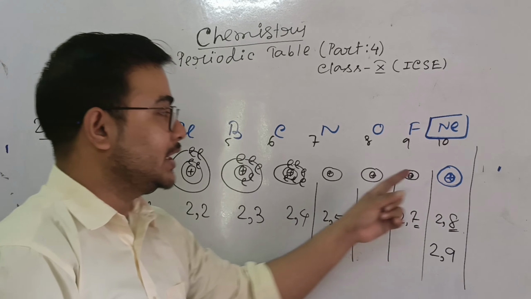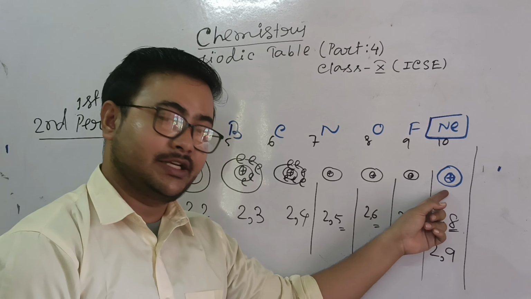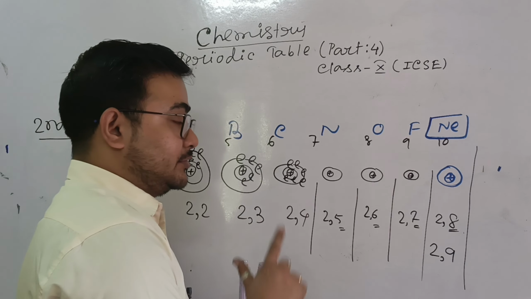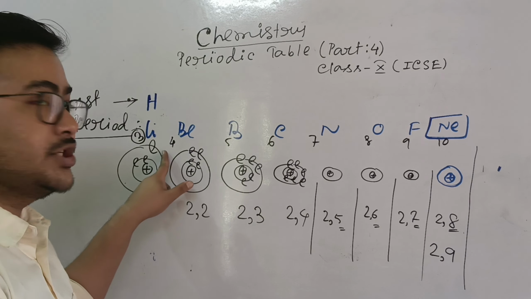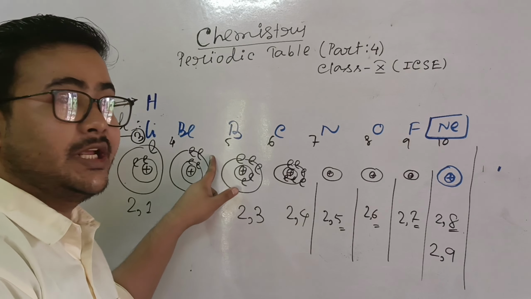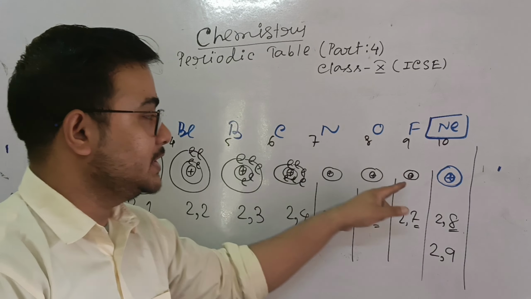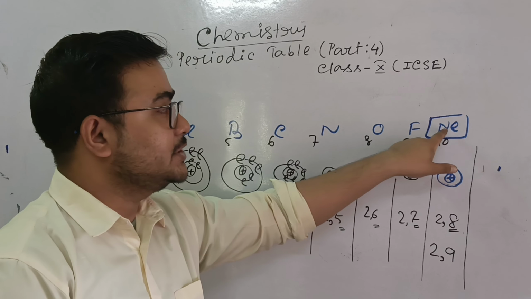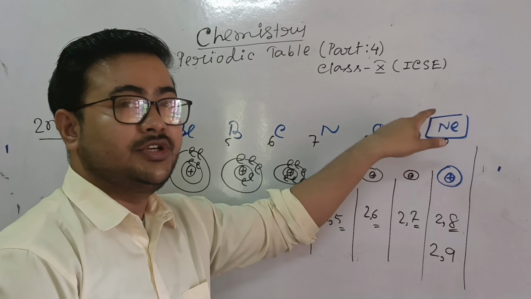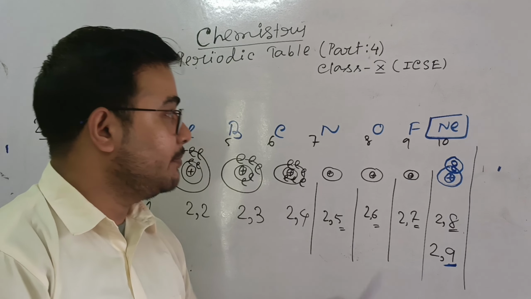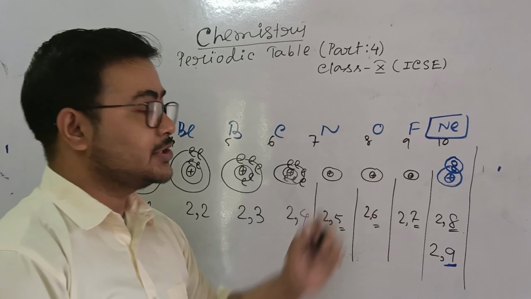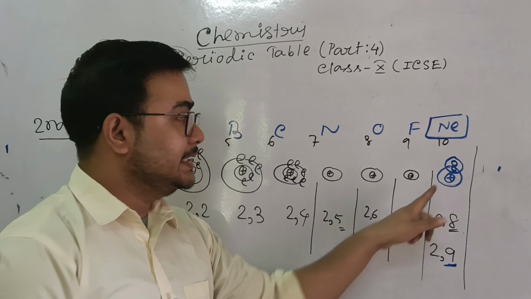No, because one shell contains a maximum of 8 electrons. So the outermost shell contains 1 electron, then 2, 3, 4, 5, 6, and when we reach neon, the outermost shell contains the maximum number of electrons, 8, because 9 is not possible in a particular shell. So in neon, this shell is completely filled.